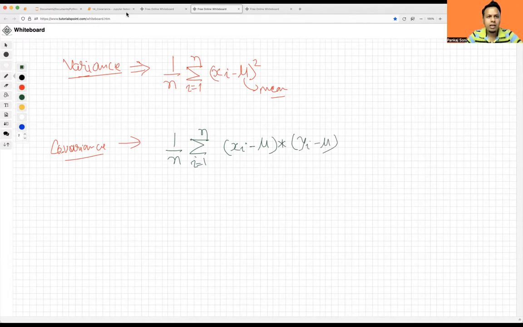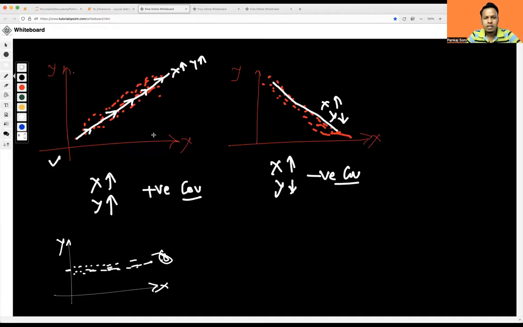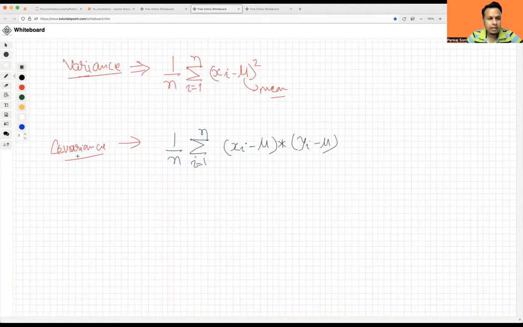As I mentioned, you have two values, x and y. When your x goes up and down, what is the response of y? You are plotting y with respect to x. So here you are calculating the covariance between the x and y variables.